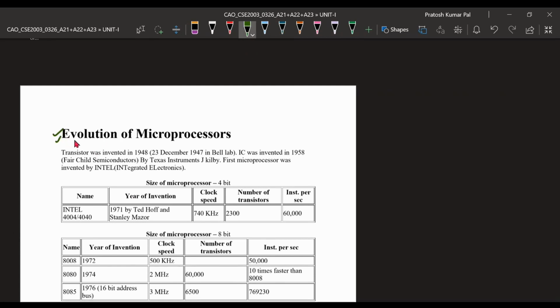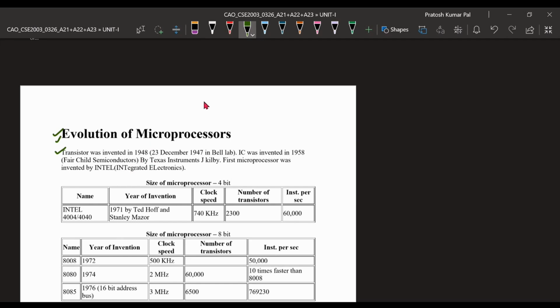with the evolution. So these microprocessors are made up of transistors. These transistors are the basic building block of our electronic circuits, whether mobile phones, computer systems, or even microprocessors. The transistor was invented in 1948.